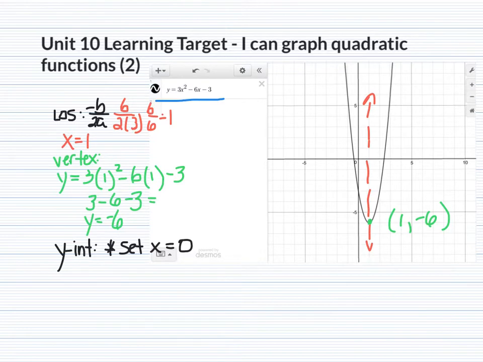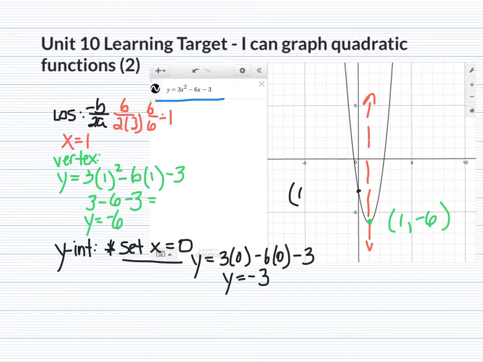So we've got y equals 3 times 0 minus 6 times 0 minus 3. That's 0 minus 3, so y equals negative 3. There's our y-intercept. We would write it as a coordinate. The x we set equal to 0, so that's 0, negative 3.